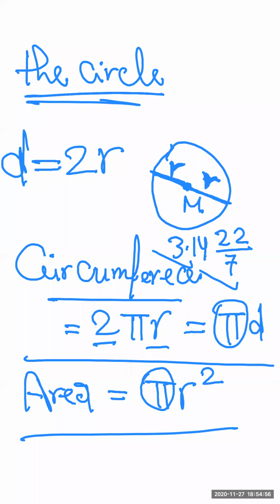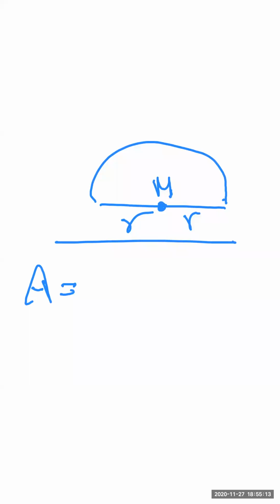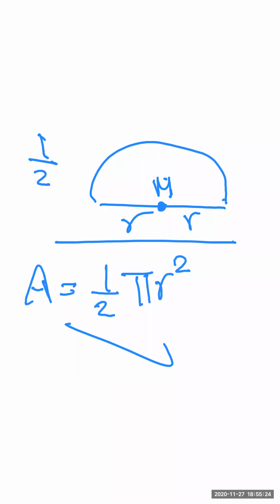If it's like this, can I tell you the laws of it? If it's only a half circle, this one is the center point and this one is the diameter. So the area will equal half the area of the circle. What is the area of the circle? Pi r squared, times half, because this is a half circle. What about the perimeter?